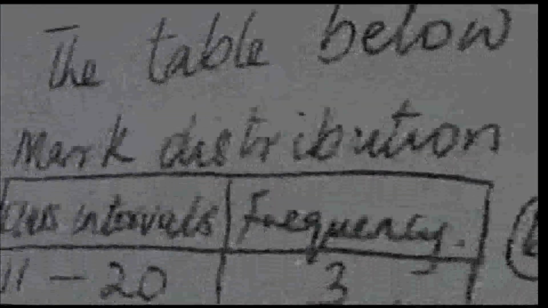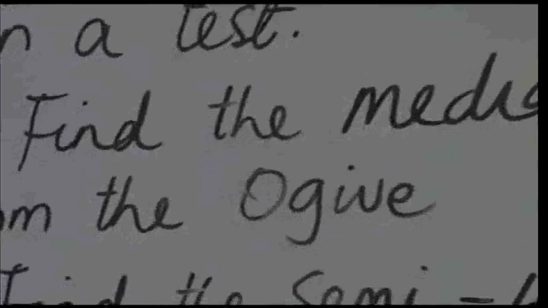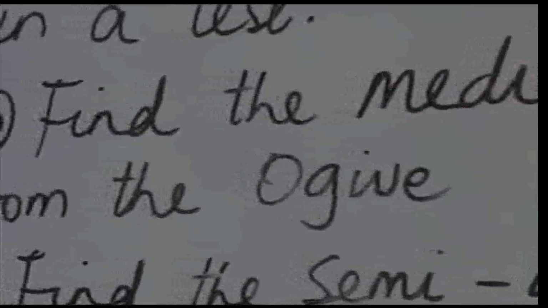So the question says, find the median. The median is the halfway on your cumulative frequency. Now go to your graph or your ogive. The highest number you have on the y-axis is 200, and it corresponds to where your ogive stops.